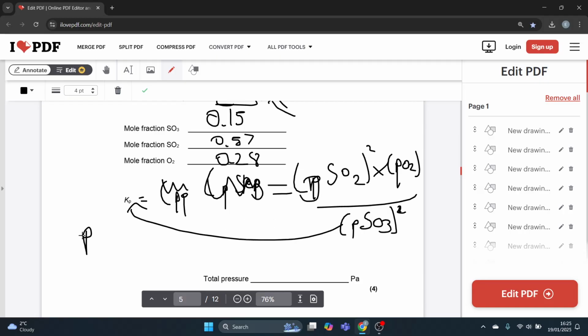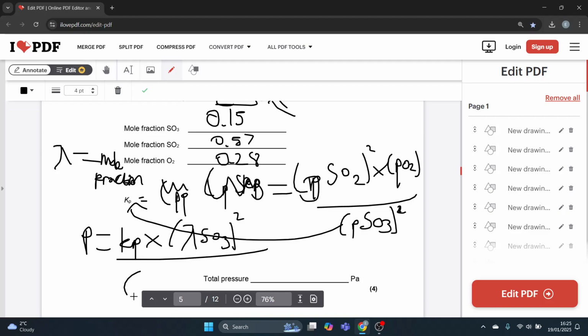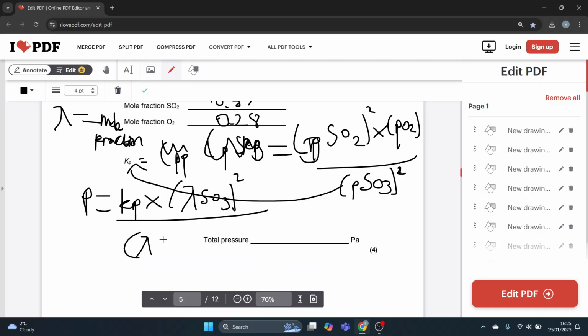So pressure is Kp times by the mole fraction of SO3 squared divided by the mole fraction of SO2 squared times by the mole fraction of O2.